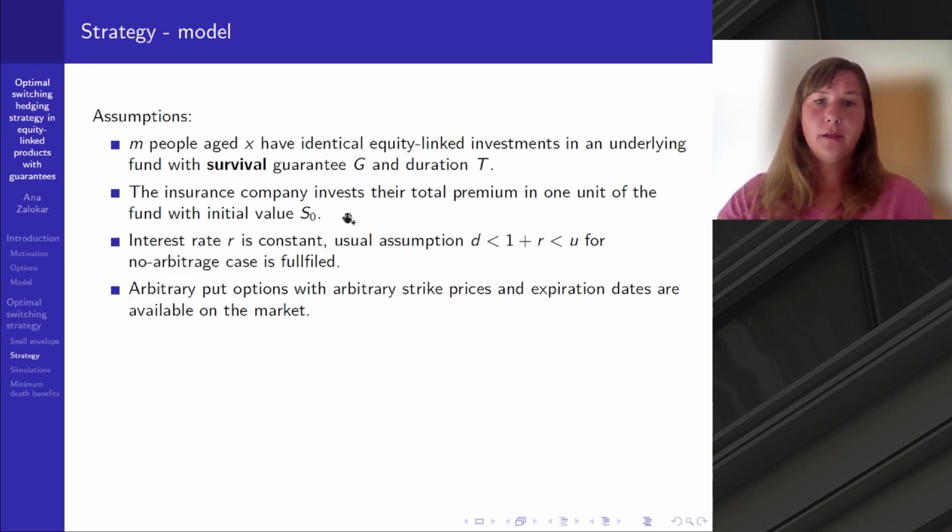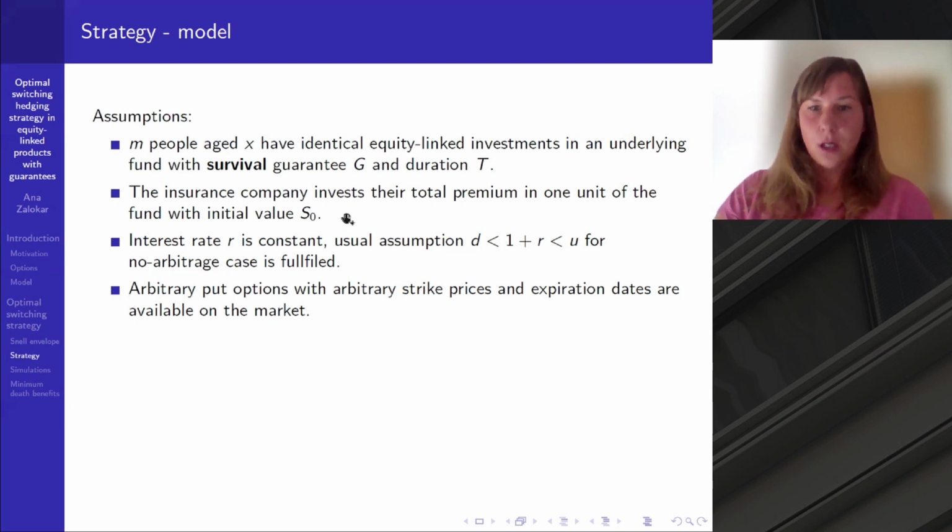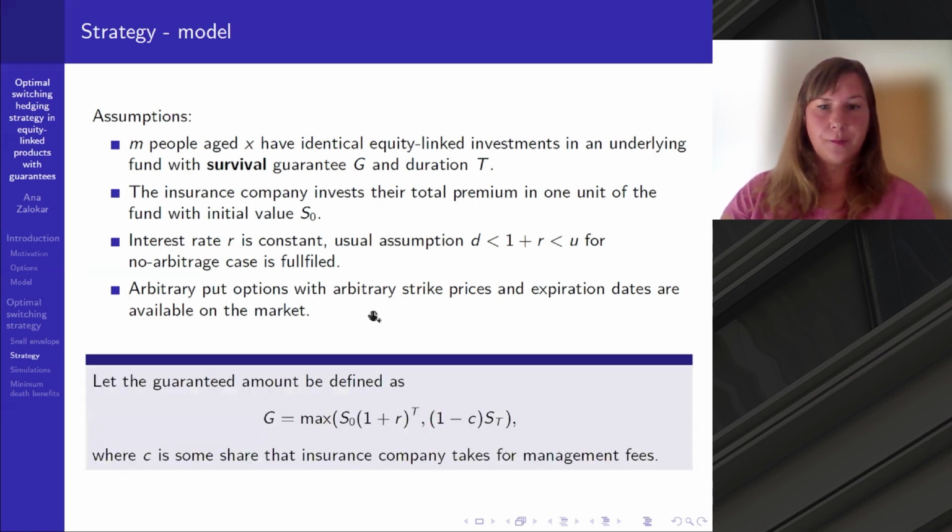The insurance company invests their total premium in one unit of the fund with initial value S0. The interest rate is constant. Arbitrary put options with arbitrary strike prices and expiration dates are available on the market. So these were our assumptions.